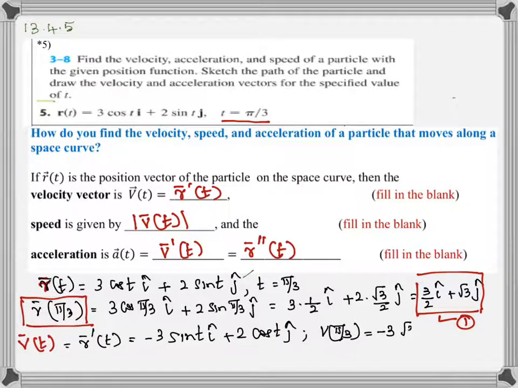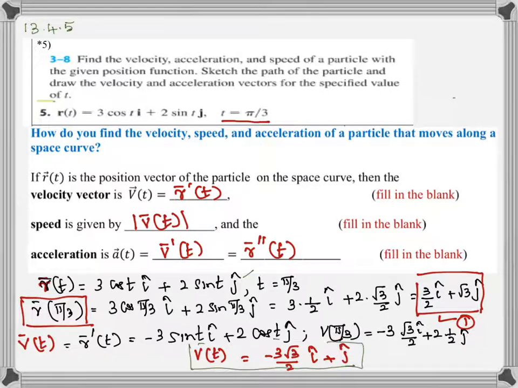Substituting pi by 3 for t, we get negative 3 root 3 over 2 i plus 2 times 1 half j. So v of t is negative 3 root 3 over 2 i plus 1 j. This is the velocity at t equals pi by 3.